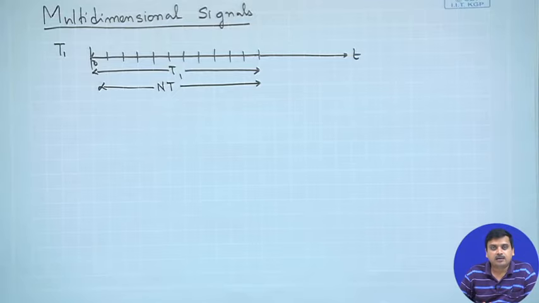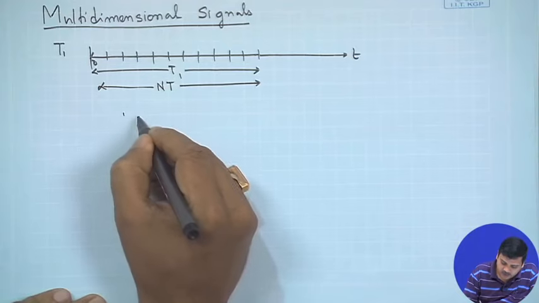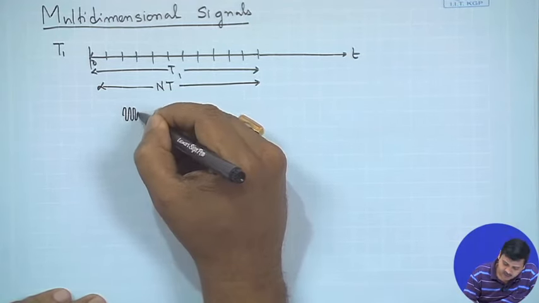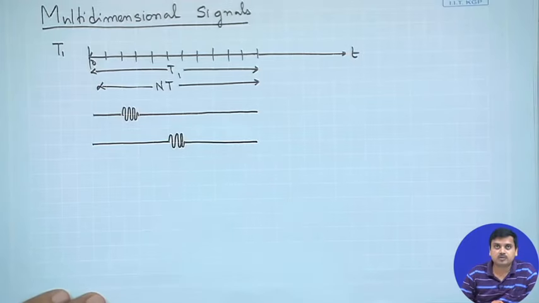One way of selecting a waveform is to select one of the intervals and send a PAM signal in that, and not send anything in any other part of time. Another signal could be: don't send anything, and then send a PAM signal here, and so on.